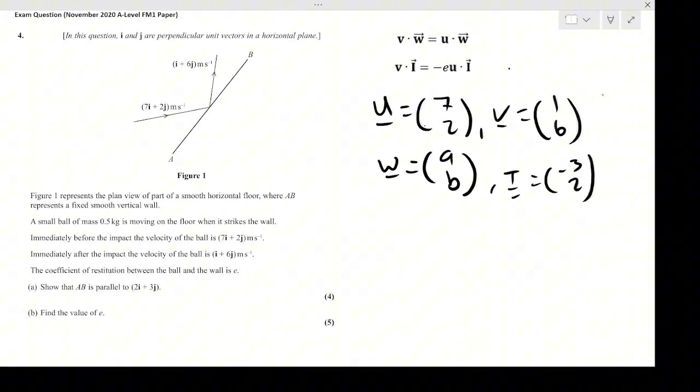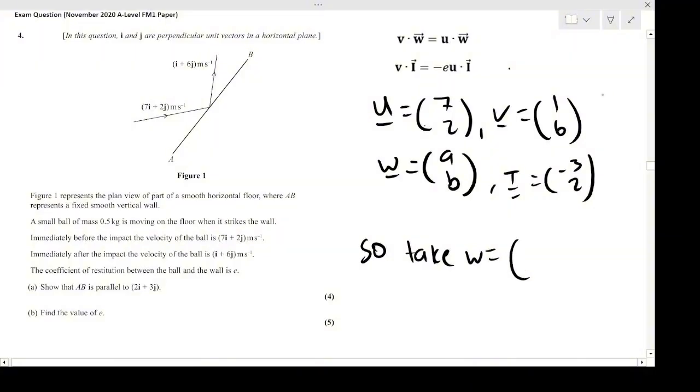Actually, we don't really need to use the equations, because again, now we can use our trick. If we have the impulse vector, and we know the impulse is perpendicular to the wall vector, then we can do our trick of flipping the impulse vector.